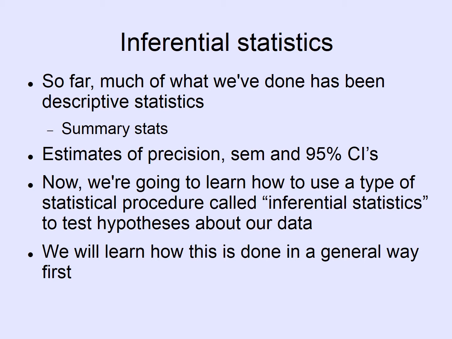And what I mean by that is I'm going to show you how you would do it as if you could make your own sampling distributions, because we need sampling distributions, just like we needed it for our 95% confidence intervals as an estimate of precision, but we're going to be using these as a way to make probability statements. So I'm going to show it like that. Then we'll transition into using theoretical sampling distributions, which is actually what we're going to be doing when we do inferential statistics.